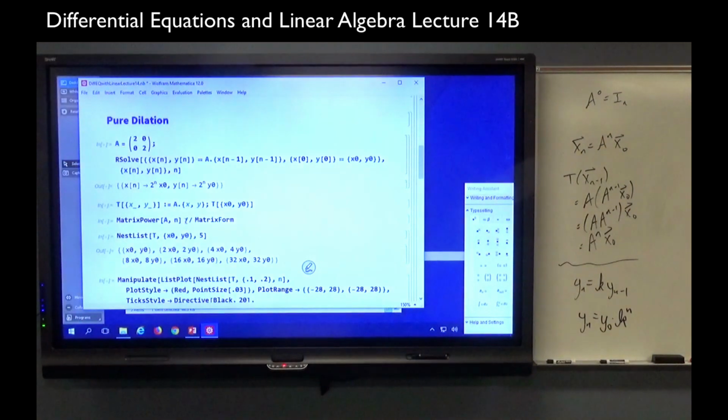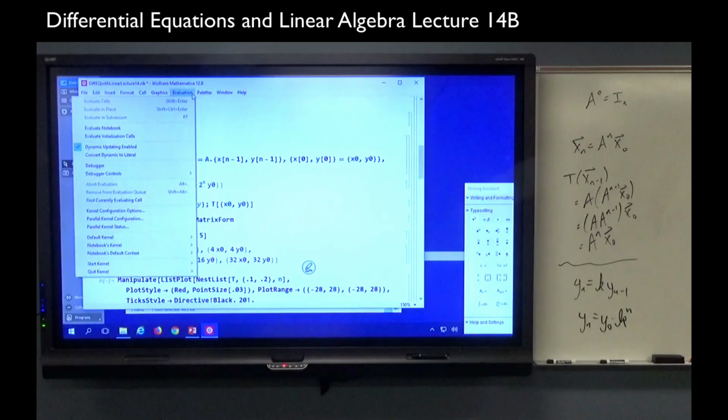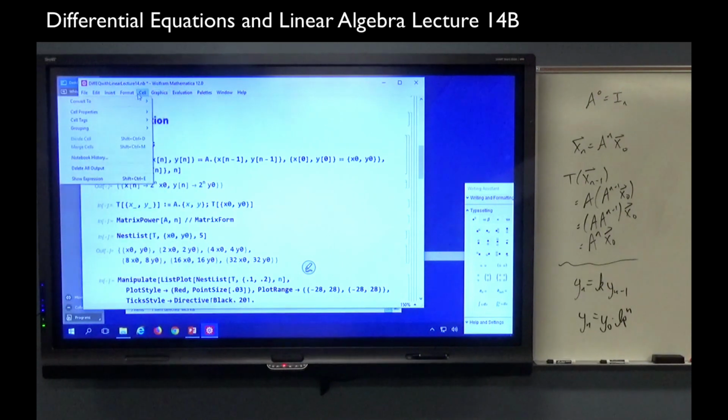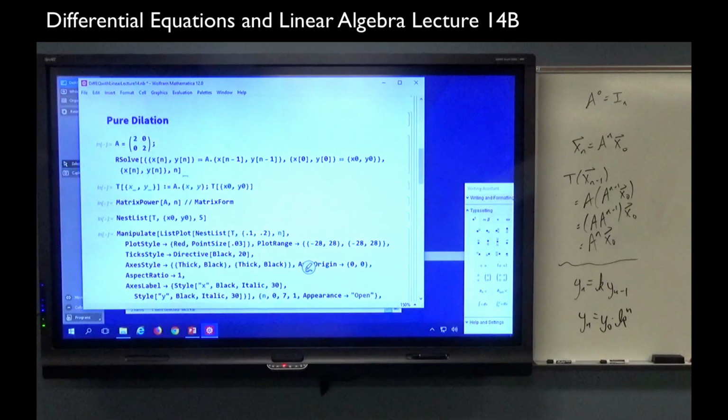For sake of time, I don't want to really explain this. Let's see. Let me delete the output. Ruin the surprise. This would be a pure dilation. A is 2. And R solves the difference equation.